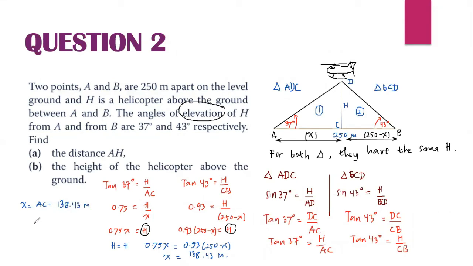And then for BC, BC is 250 minus x. So 250 minus 138.43, we got BC is 111.57 meters. Okay, so this is the answer.